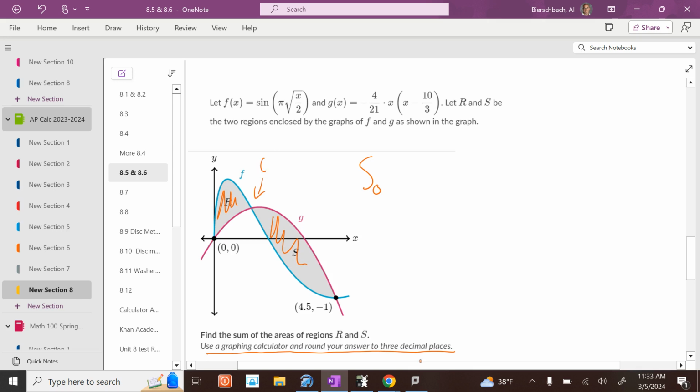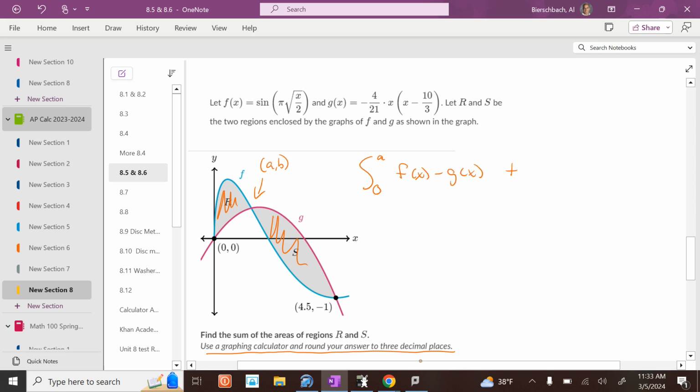Let's call that point A. Okay? It's going to be, and now see how these are in terms of x again? Okay? So if we're in terms of x, then we're going top down. So it's going to go from 0 to point A of f of x minus g of x.